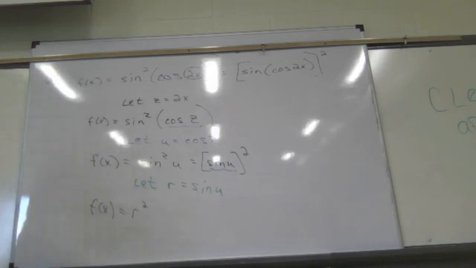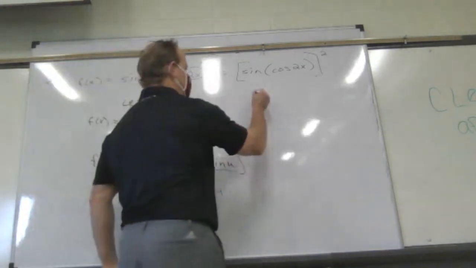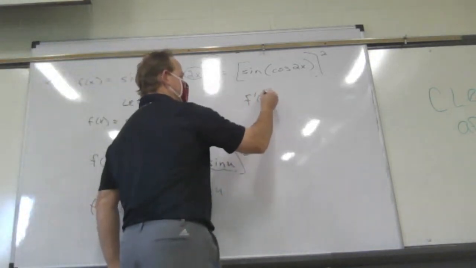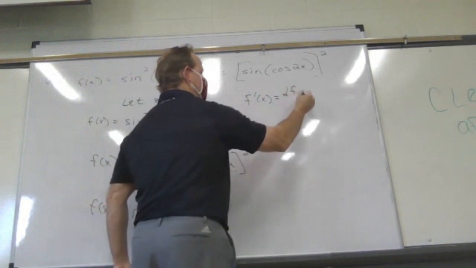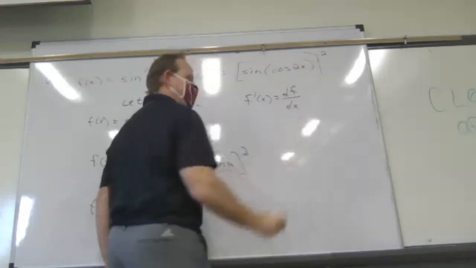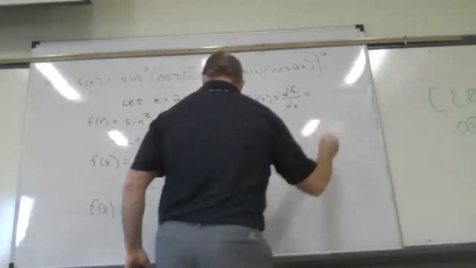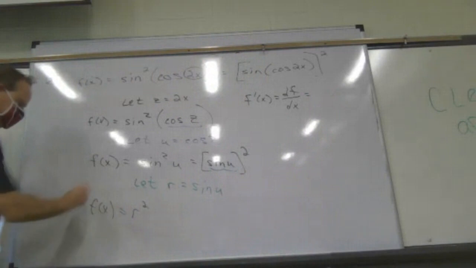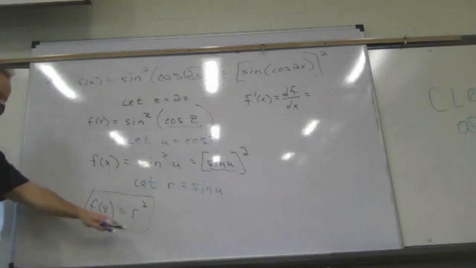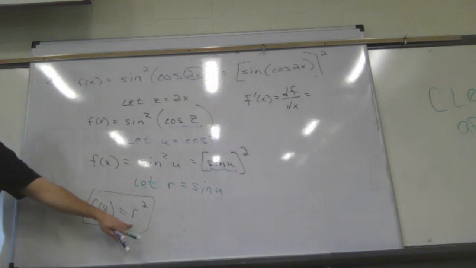Okay? So if I want f prime at x, so let's think about this. If I want f prime at x, that's df, the derivative of f with respect to x, right? Everybody agree? But I can't do that because what's f in terms of? r. So what would I have to do? I could take the derivative of this with respect to r first, right?